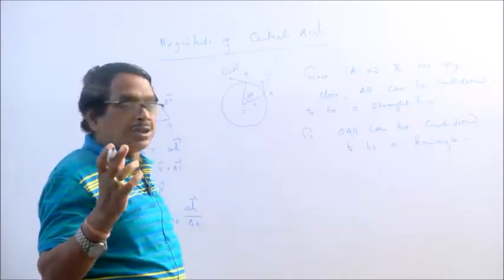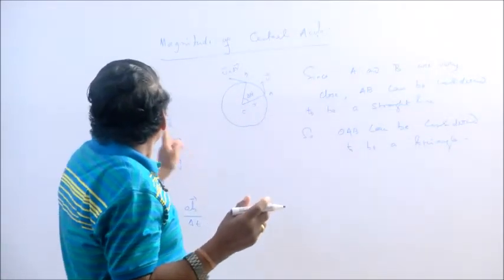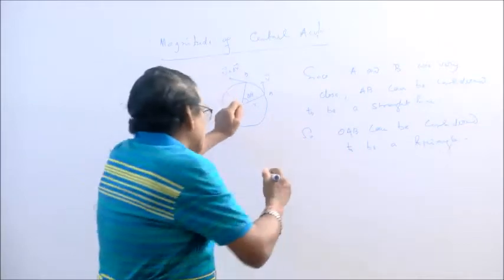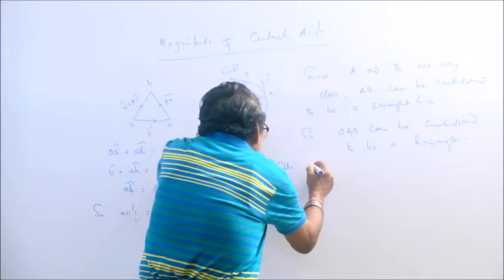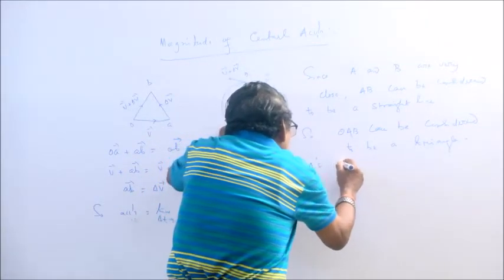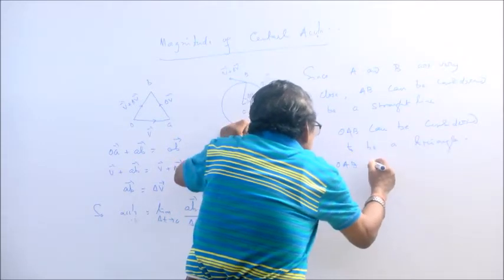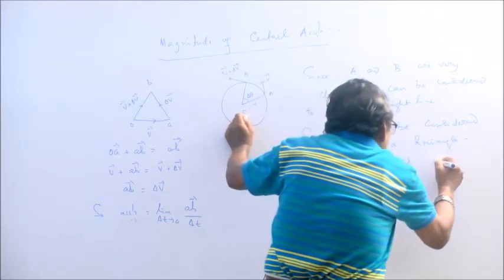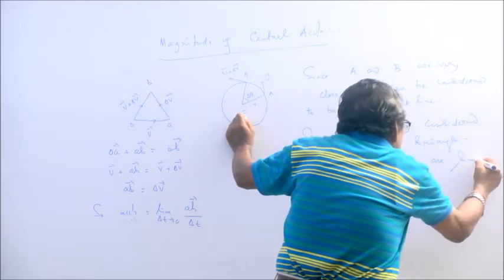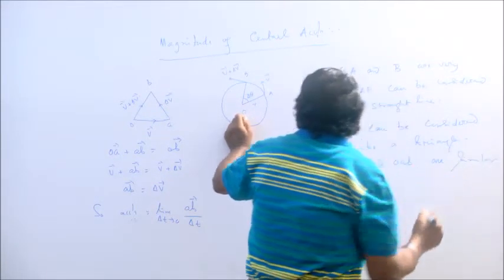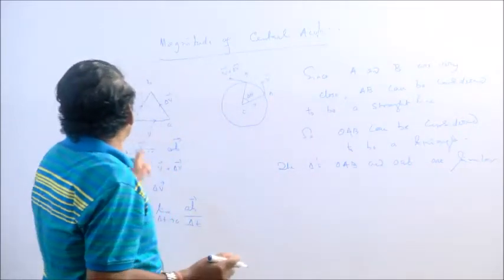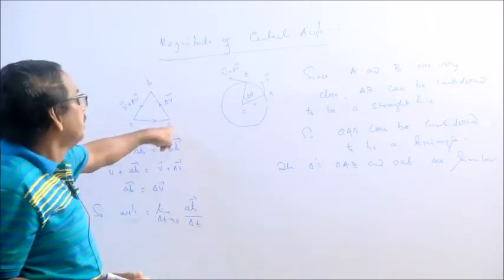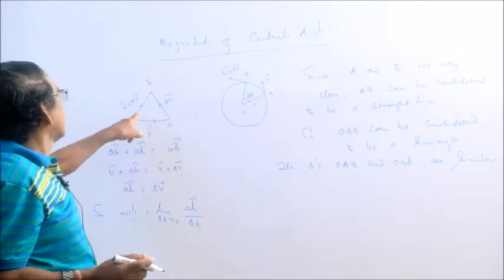Now, let us consider the two triangles AOB and O small a small b. The triangles OAB and O small a small b are similar. Why are they similar? Because we have taken the velocity at A as one side OA, and velocity at B as another side OB.